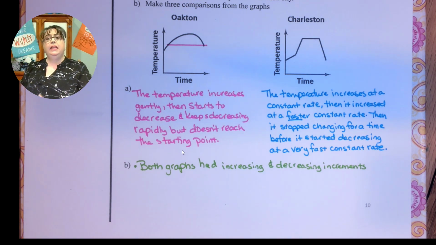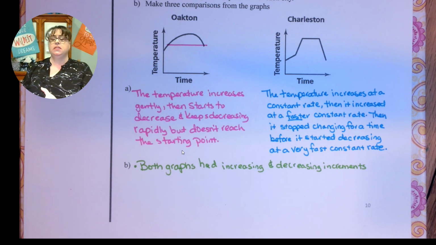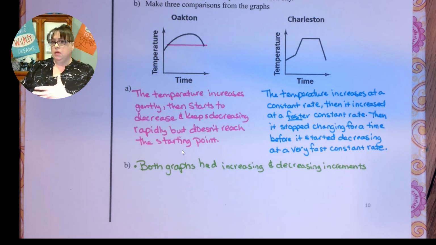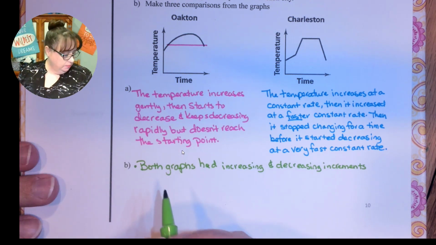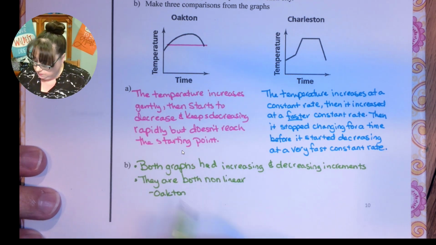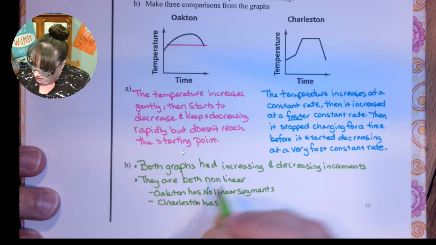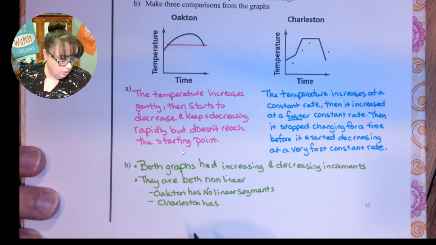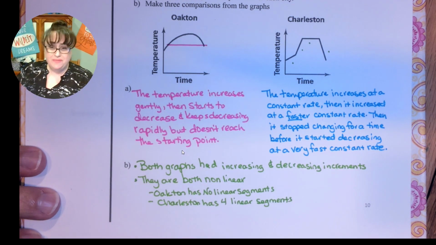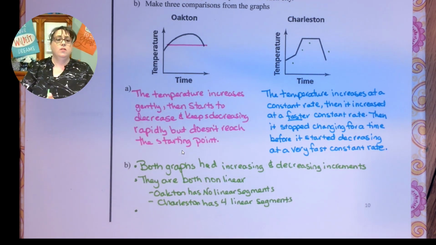While Charleston had linear parts to it, as a whole, it is nonlinear because it went up and it went down and it went straight across and it did all kinds of things. So they are both nonlinear. Oakton has no linear segments. Charleston has 1, 2, 3, 4 linear segments. So that's one way they're different. And what else would you say?